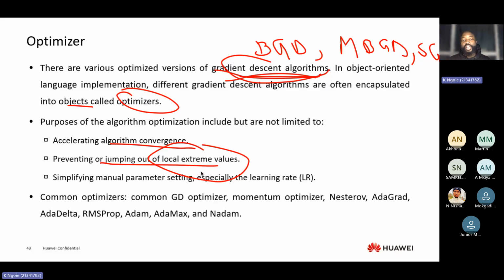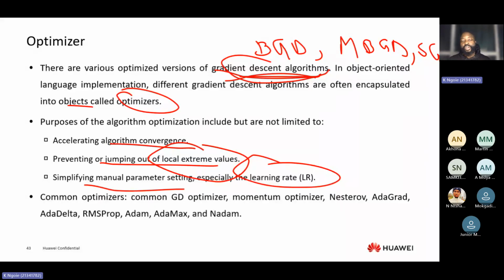So to avoid jumping out of local values, we use optimizers. And it also helps to simplify parameter settings, especially a setting such as the learning rate. The learning rate determines how fast you want your model to be learning, right? But we're going to talk more about it as we move along.